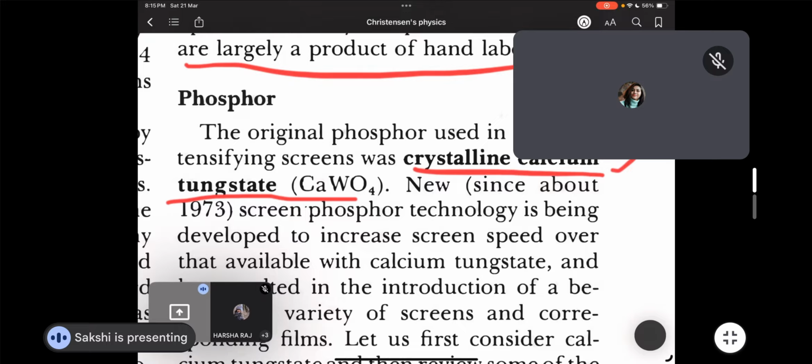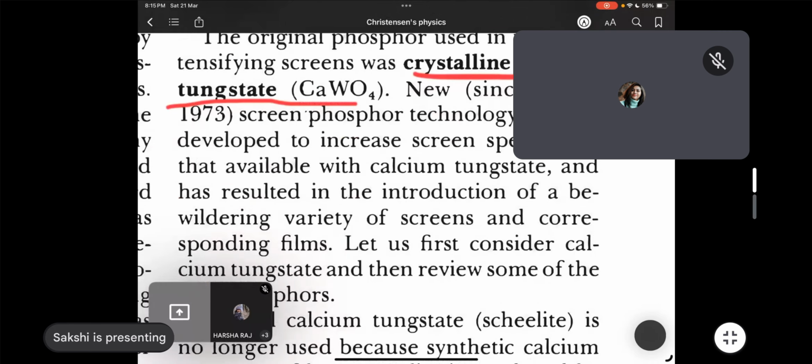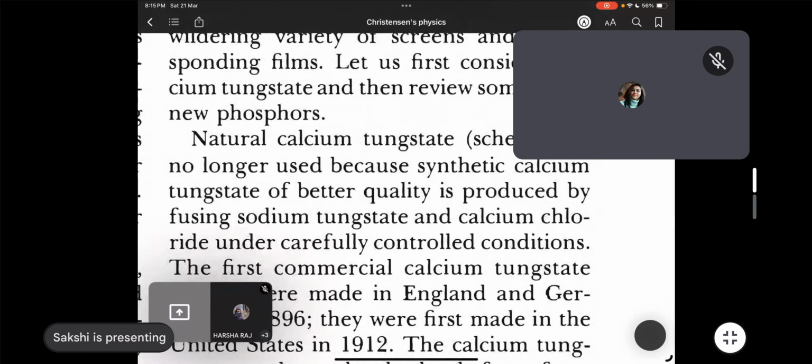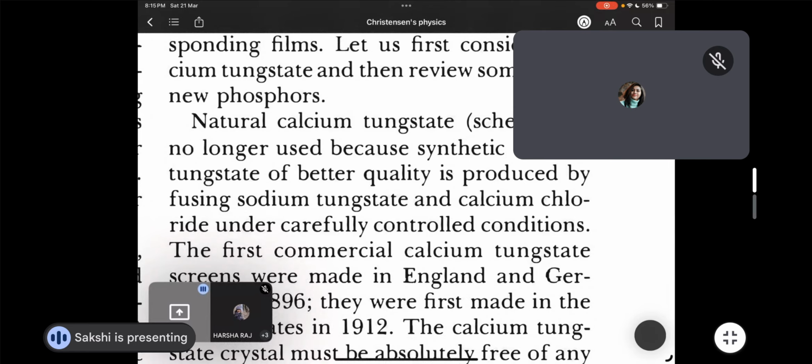But it was very slow and we have to increase the screen speed, right? Then put an arrow just beneath the crystalline calcium tungstate, and write down natural calcium tungstate, which is scheelite.